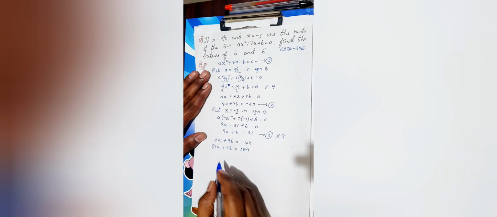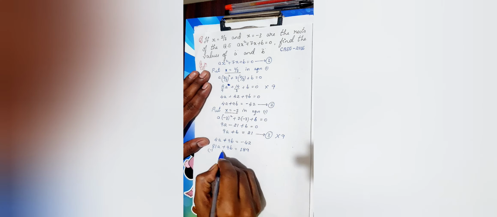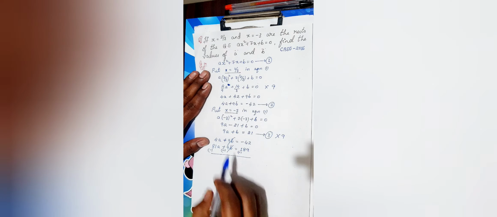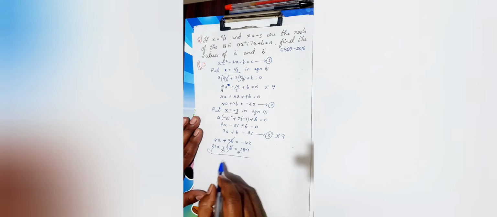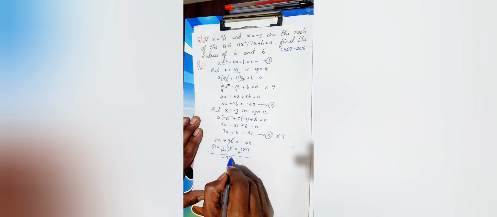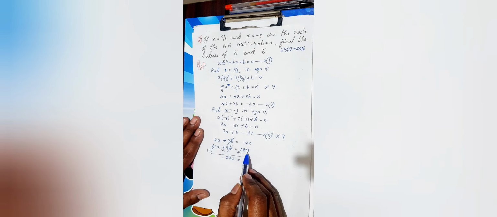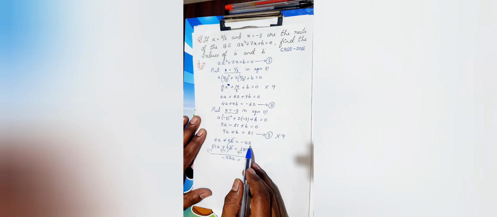Let's solve the simultaneous equations by subtracting. So plus 9b minus 9b gets cancelled. 4a minus 81a is minus 77a, and on the other side I have minus 42 minus 189.